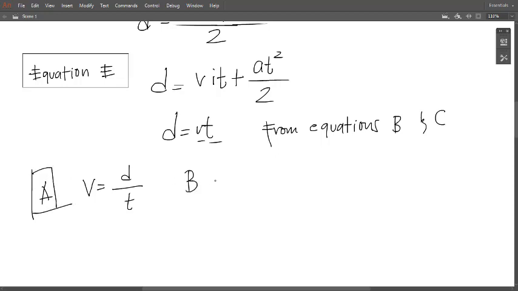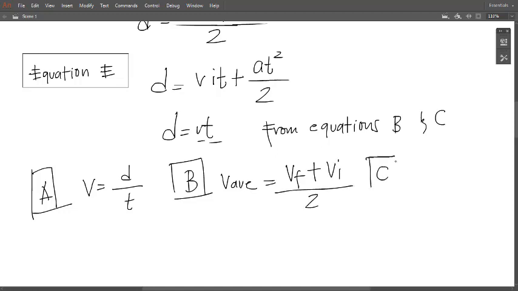For b is the average velocity, wherein the average velocity v_av is equal to the sum of final and initial velocity over 2.